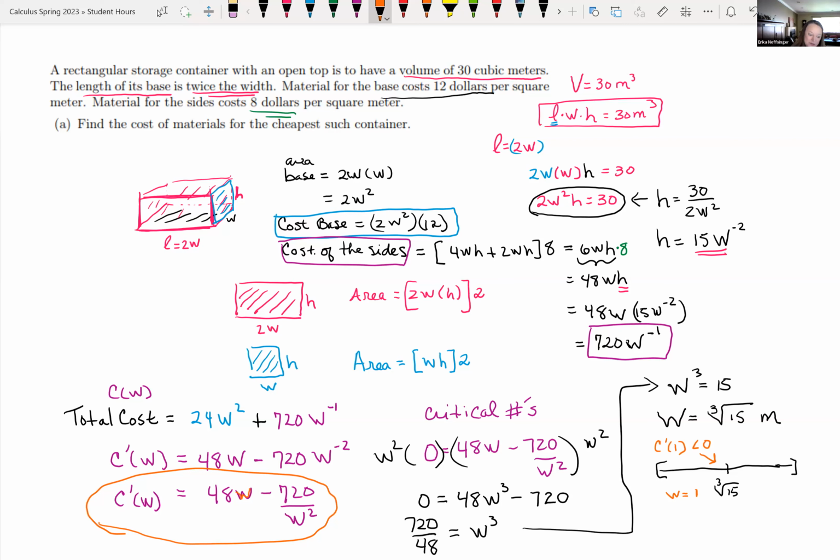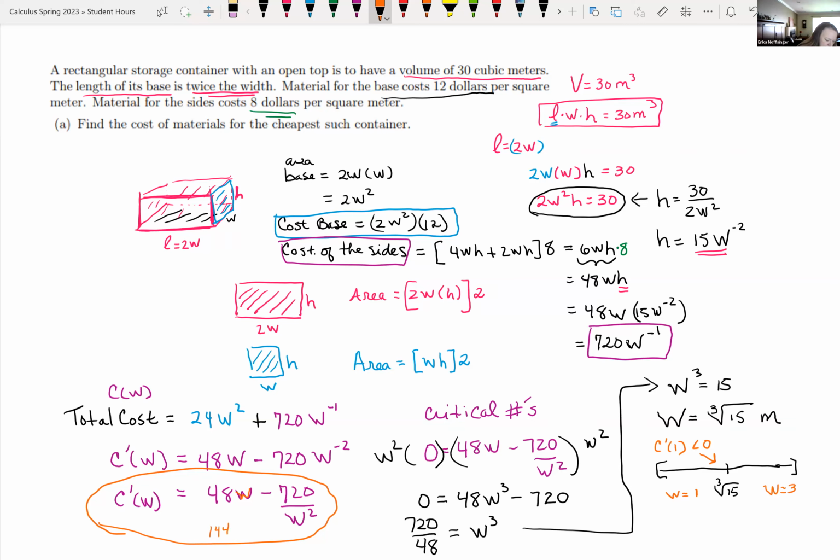So let's say W equals 3. So if we plug in 3 into 48W, 48 times 3 gives me 144.